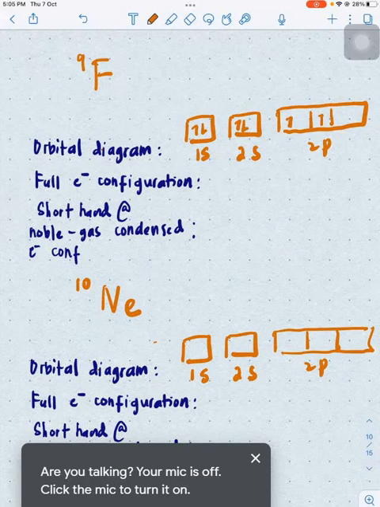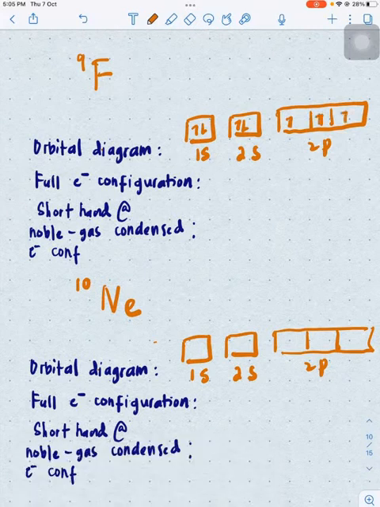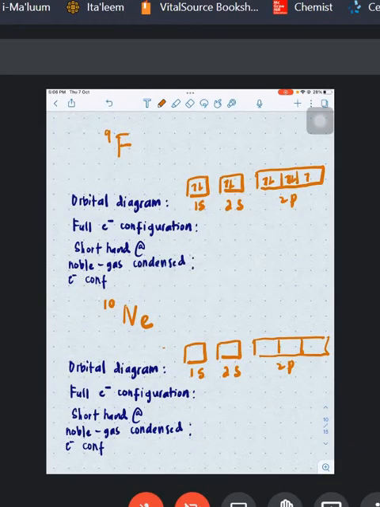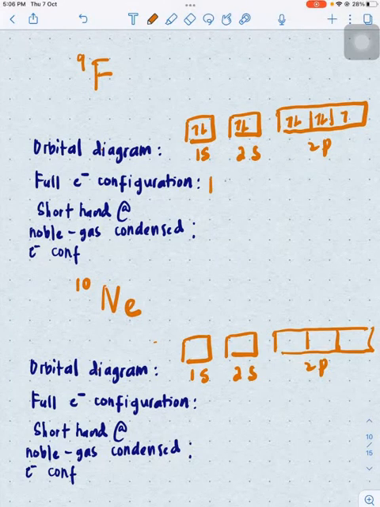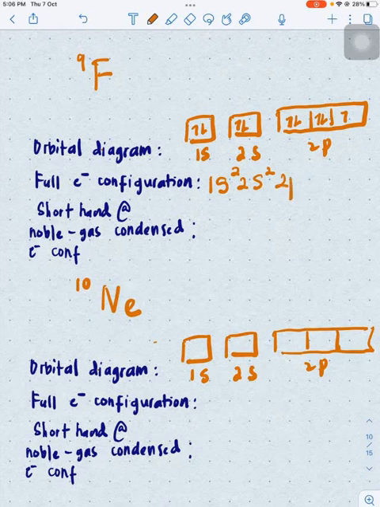Kena 5, 6, 7, barulah pasangkan 8 and now 9. Okay. So this one will be the electron configuration for fluorine. So dia punya full electron configuration will be 1s2, 2s2, 2p5. Okay.